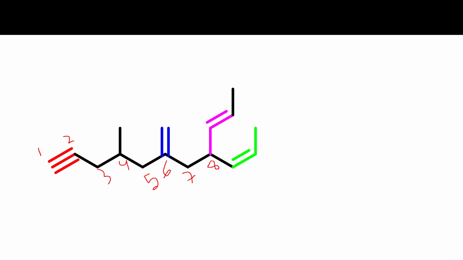From this side it will go 8, 9, 10, 11, and from this side it will also go 8, 9, 10, 11. So all are the same, so you can go this side or this side. Here also the triple bond is at the last end, so you start the numbering from this side, not from this side where the double bond is at the second position. If this carbon chain is not present, then we just start the numbering from this side.